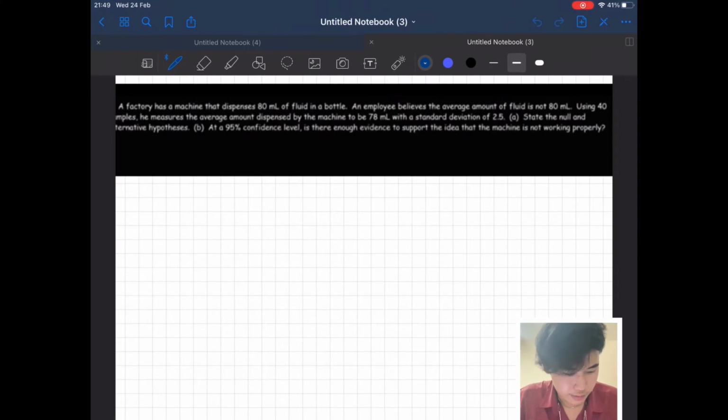Using 40 samples, the machine measured the average dispersion to be 78 milliliters with a standard deviation of 2.5.